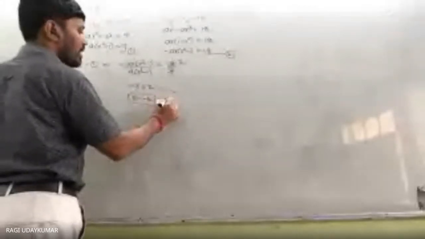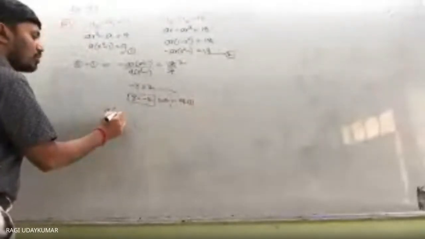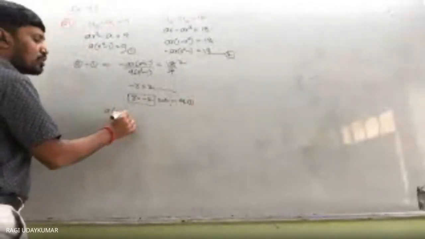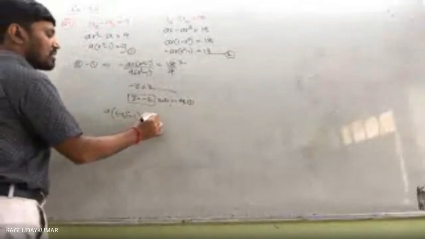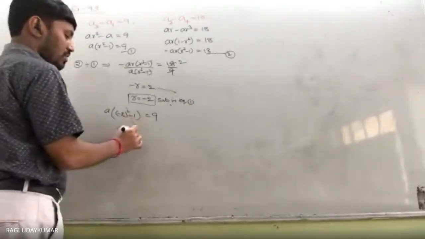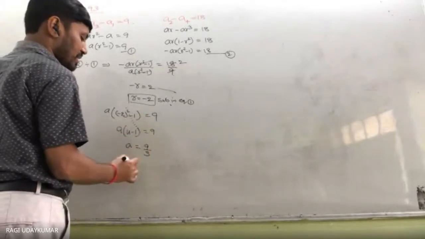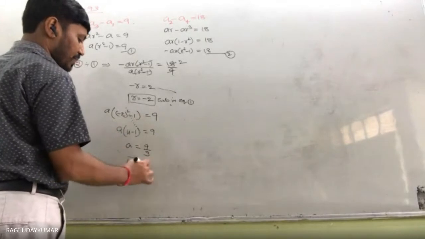Substitute this in equation number 1. What do you get? A into minus 2 whole square minus 1 is equal to 9. A into 4 minus 1 is equal to 9. A is equal to 9 by 3, so a is equal to 3.